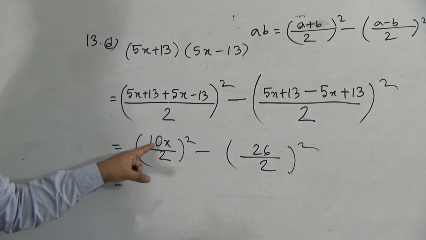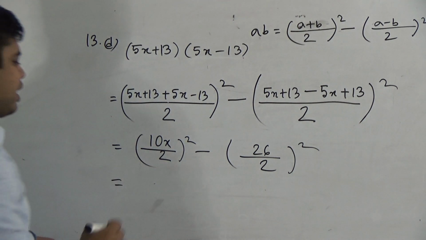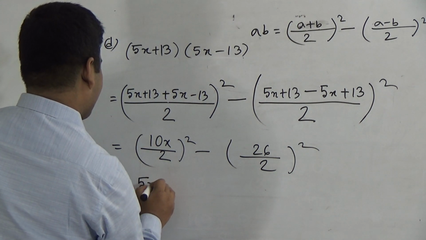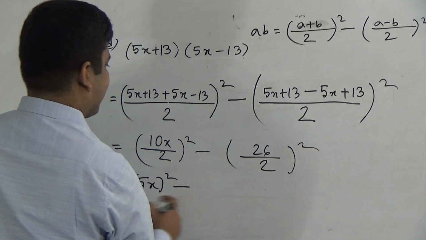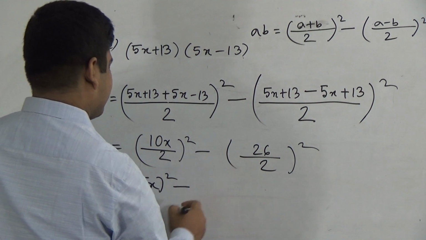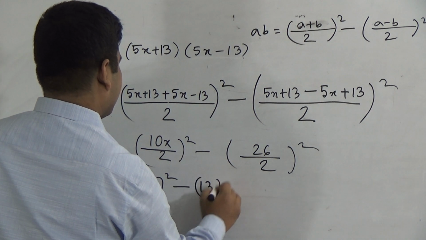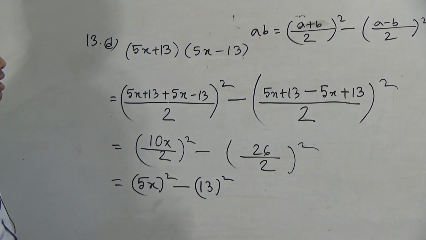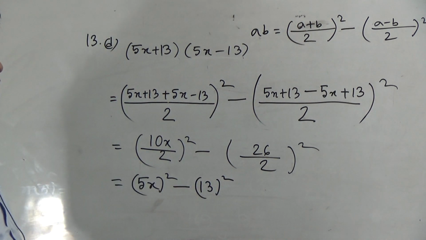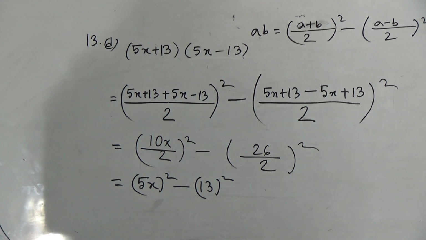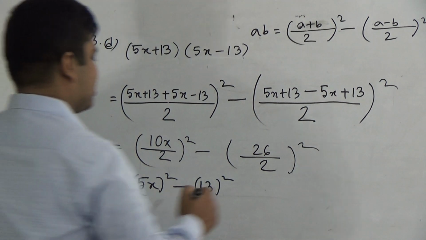So we cut 10x by 2 and we get 5x whole square, minus we divide 26 by 2, we get 13 square. Dear student, this is the expression of the difference of the squares of two expressions. I hope you have understood and this is the answer.